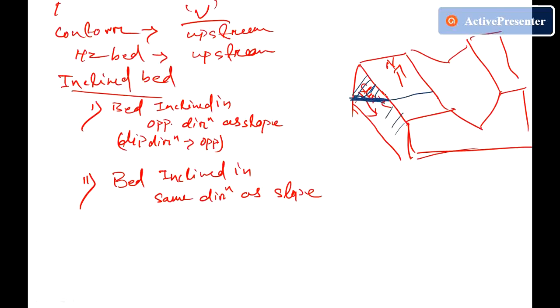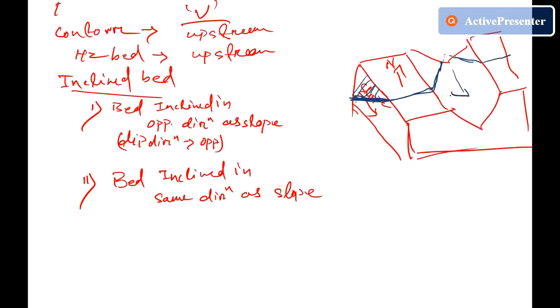So if you are searching for the bed in the valley, then you have to go towards north like this, right? It will appear like this. The bed will point V towards upstream.